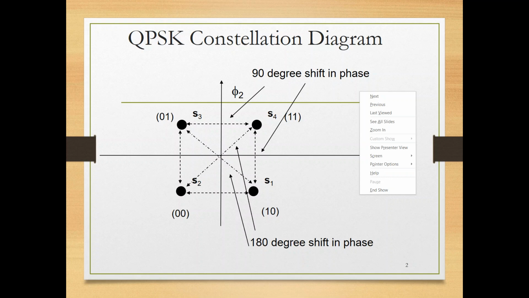So in the constellation diagram of QPSK, as you can see here, we have symbols denoted by S1, S2, S3, S4, and each symbol is placed in a quadrant. For example, we call this Z1, zone 1, which contains the first symbol, S1, and this S1 is actually in the fourth quadrant.